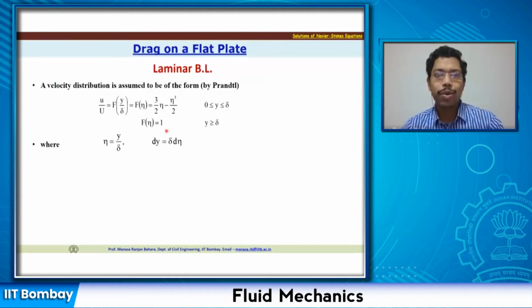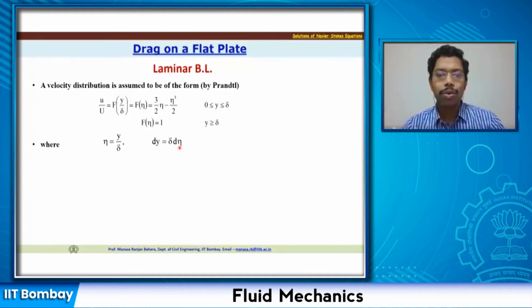Because y by delta is going to be 1 when y is greater than delta. Now within 0 to delta, within the surface of the plate till the boundary layer thickness, the expression is going to be this. So we have eta equals y by delta, and we can write dy is equal to delta d eta.